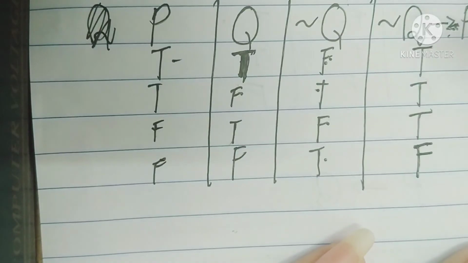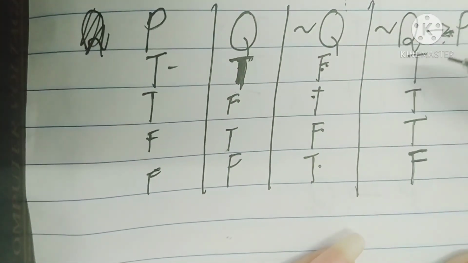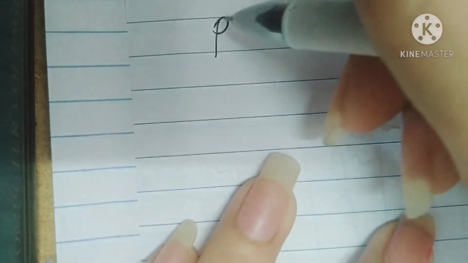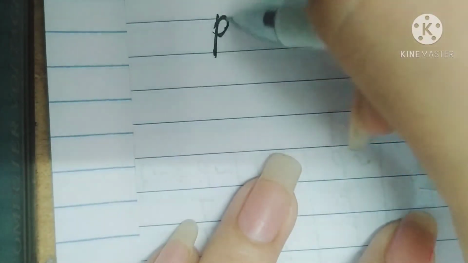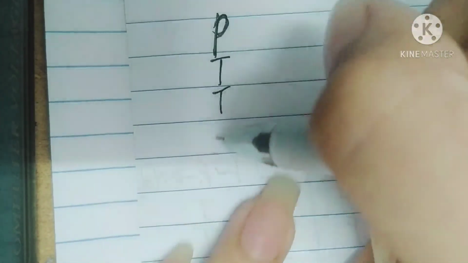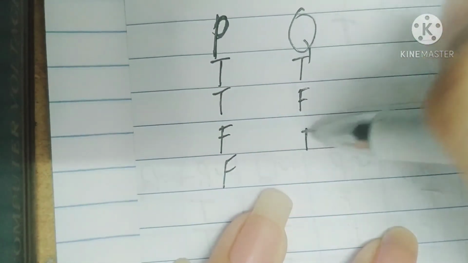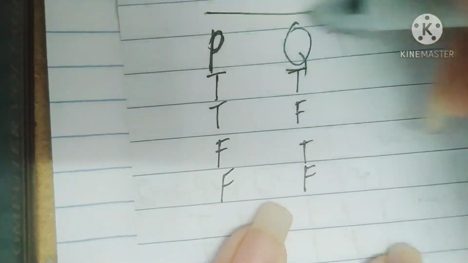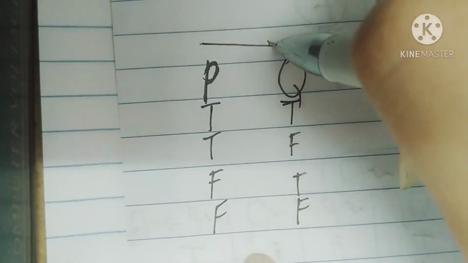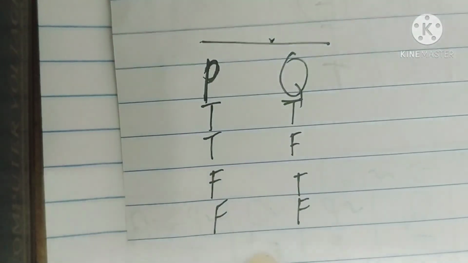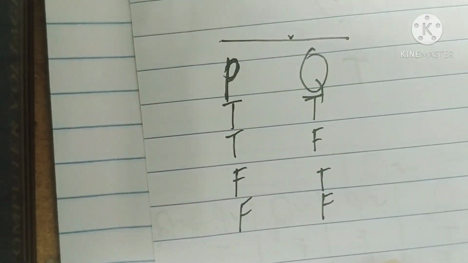Just remember again and again, if the first statement is true and the second statement is false, that will make the implication statement a false statement. So when you make a truth table, just use the values for your P, T, T, F, F, and for your Q, T, F, T, F. And you have to follow the given proposition. Okay, that's all.